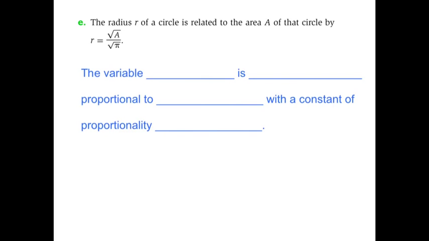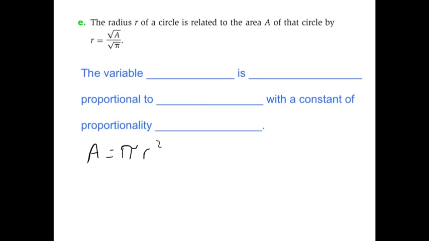Another nice complicated one: the radius r of a circle is related to the area A of that circle by r equals the square root of A divided by the square root of pi. Now we are used to seeing the area of a circle equal pi times r squared, and what they've done is rewritten this so that it's r equals.